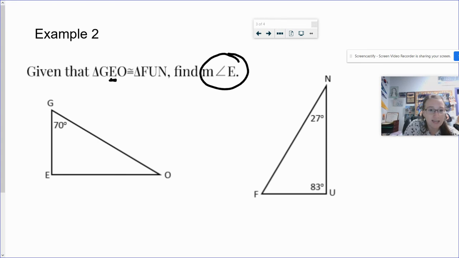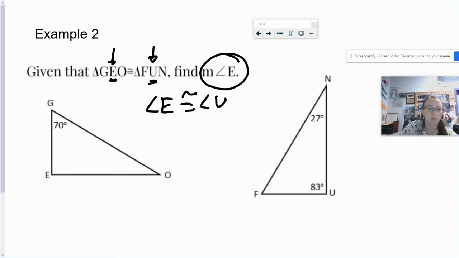So measure of angle E, notice E is the second letter here. What that means is I need to look at U. E and U are in the same position in the middle of the congruent statement. So that means that angle E is congruent to angle U. If they are in the same position, they are congruent.